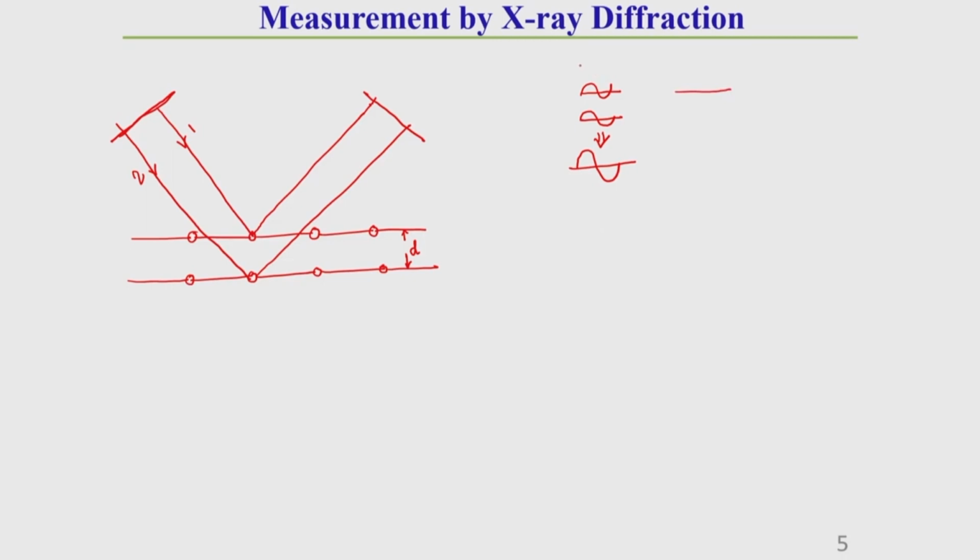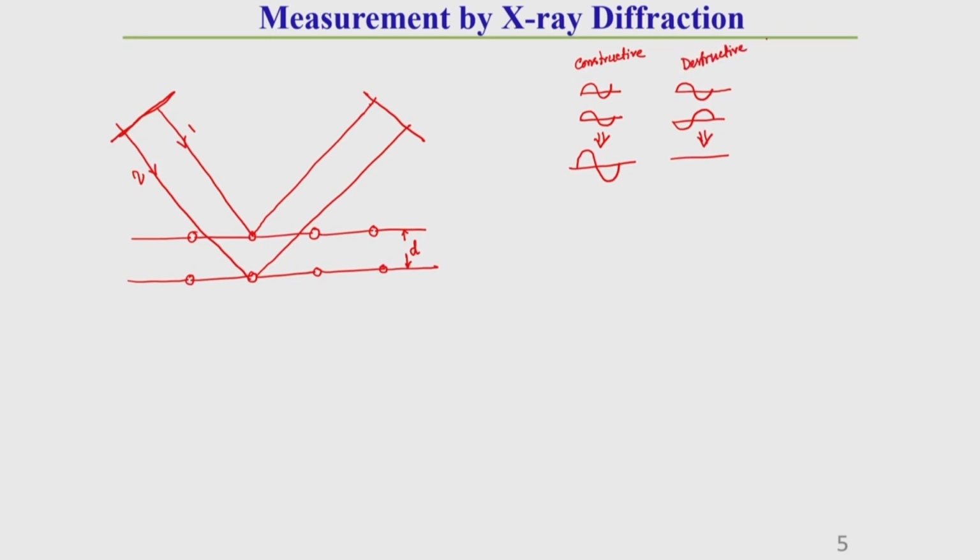This is called constructive diffraction. For destructive diffraction, there are two waves which are opposite in phase. So, in this case, once we superimpose them, they will nullify. So, this is called destructive diffraction.